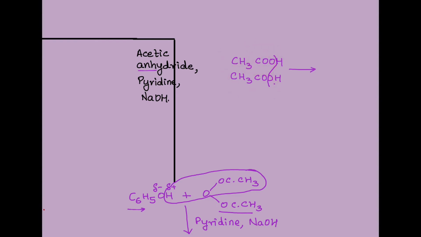Try it yourself. I'm going to expand the structure for you so that you can draw the structure again yourself. So CH3, C double bond O, OH, and you have CH3, C double bond O, OH. Now anhydride. Here goes my water molecule. How are you going to join the two parts?